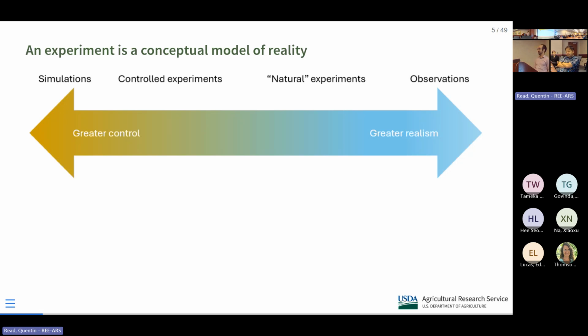Like if you had baseline data on a forest and then a wildfire occurs, you can look at before and after the wildfire and measure things and say, the wildfire caused these changes, for example. So that's like a natural experiment.